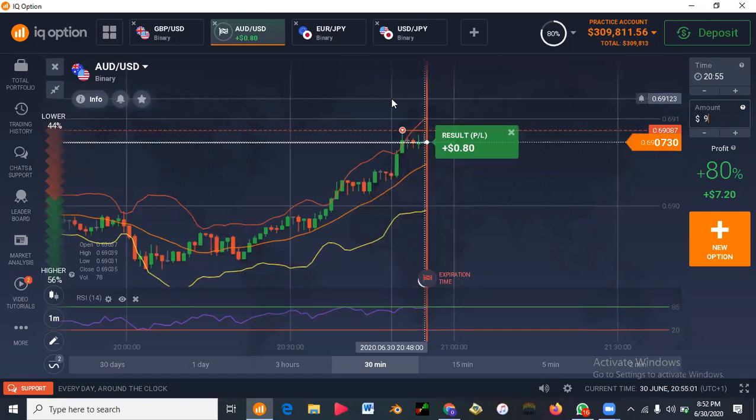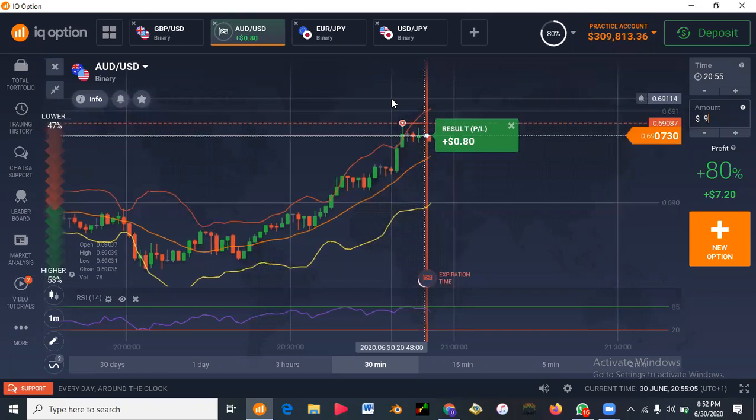It's in the morning, so I'll be all about Bollinger Bands and RSI. So tomorrow in our next class, I'll take a trade with MACD and the moving average.